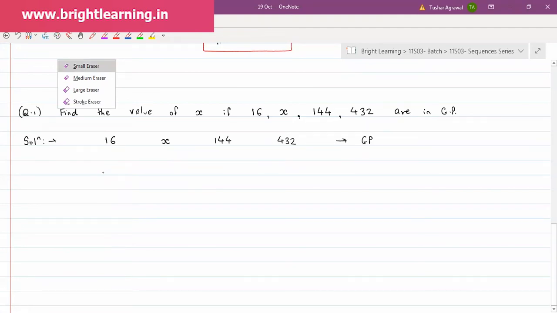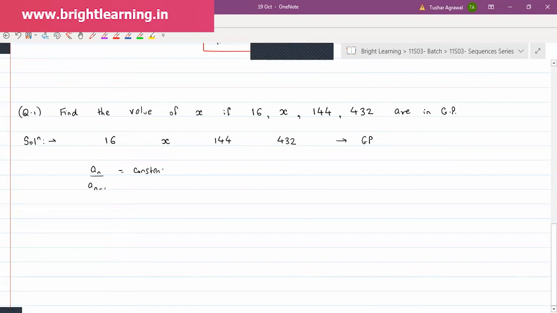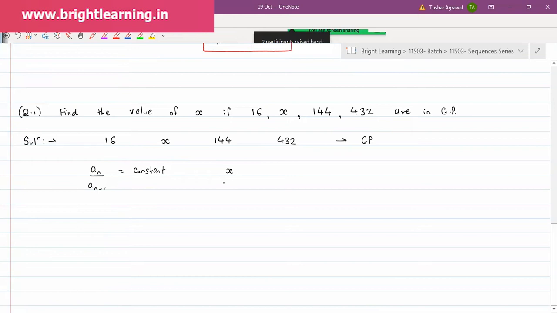GP is the nth term upon its previous term. This is a constant. So x upon 16 will be equal to 144 upon x. Actually, this condition is sufficient to find the value of x.